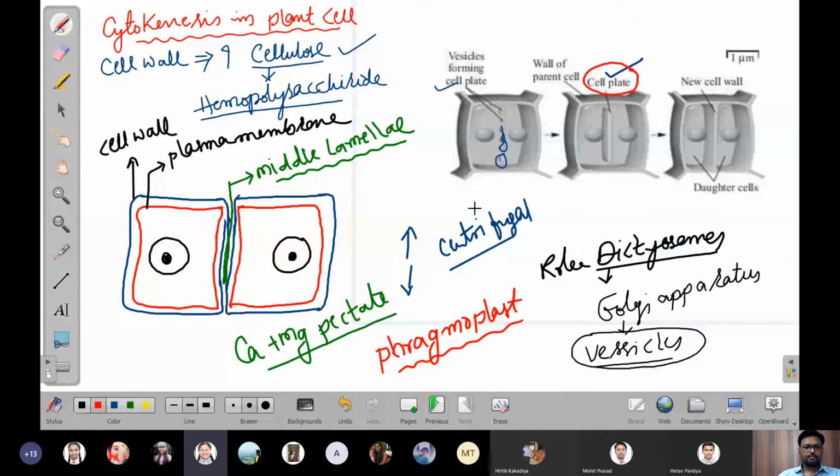Cell plate. Phragmoplast is another name of cell plate. I didn't give this name in your notes. Just remember this, phragmoplast is also an important term. Phragmoplast is another name of cell plate. That is, in plants the cytokinesis takes place by the formation of phragmoplast plate, or we can say cell plate.